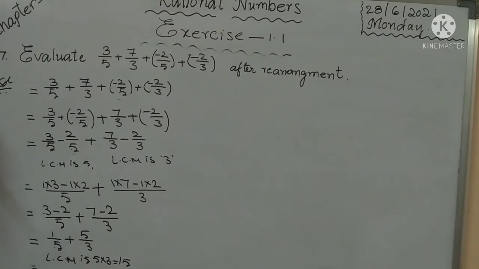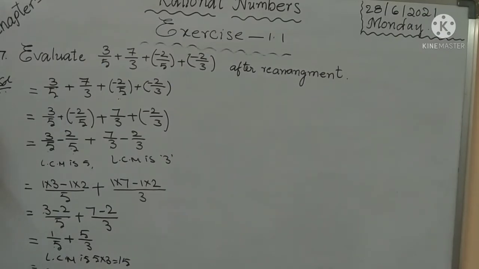So here 5, 15, how many times is it possible? 5 1 is 5, 5 2 is 10, 5 3 is 15. So 3 times possible, into 1, plus 3, how many times is it possible? 3 1 is 3, 3 2 is 6, 3 3 is 9, 3 4 is 12, 3 5 is 15. It means 5 times possible into numerator 5.